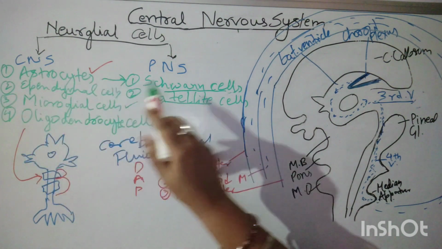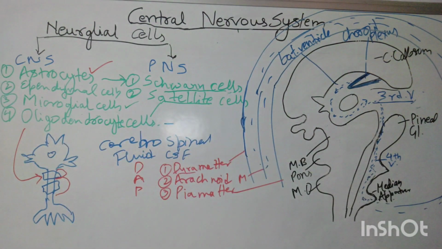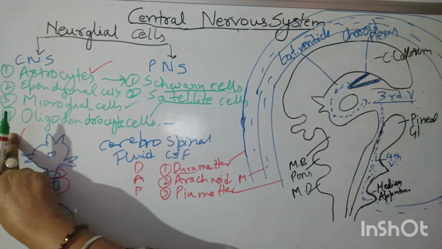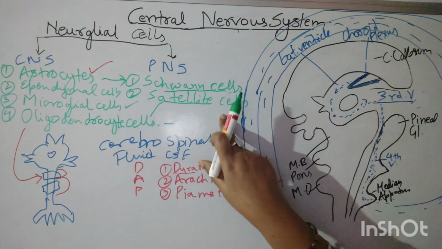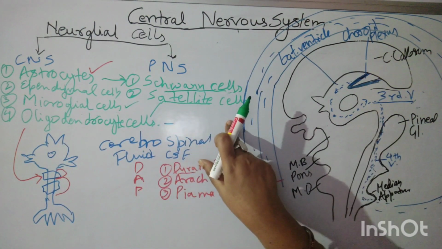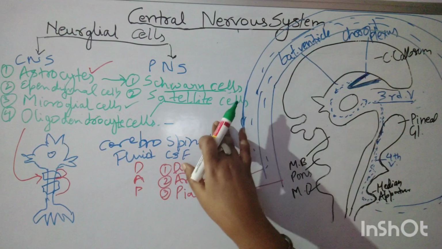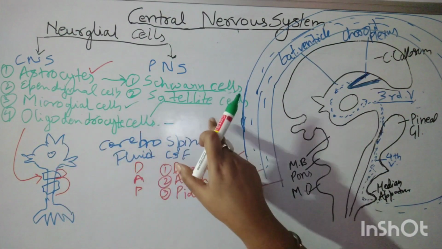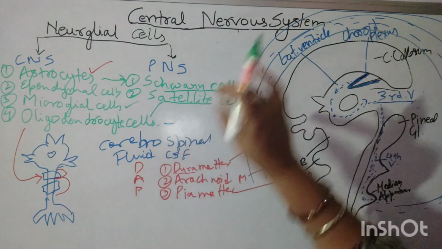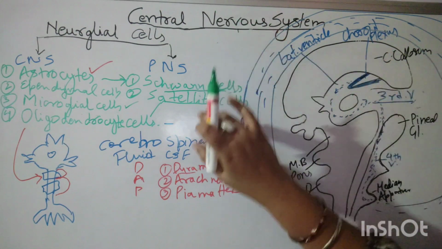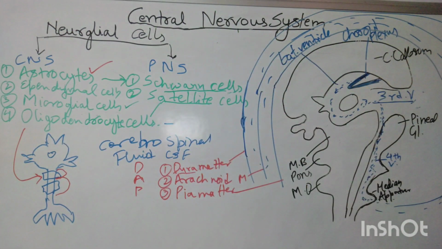So astrocytes are similar to Schwann cells in the peripheral nervous system, and oligodendrocytes are similar to satellite cells. They do the same function which oligodendrocytes perform in the central nervous system.